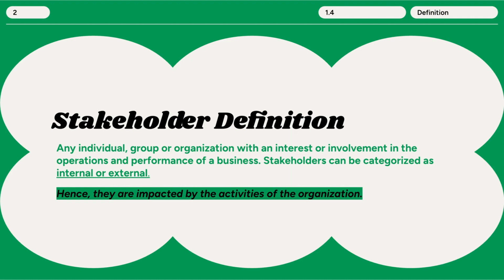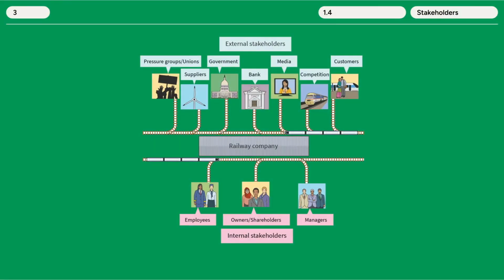Also, we can categorize stakeholders as either internal or external. And as stakeholders are groups or individuals that affect or are affected by an organization, we expect them to be impacted by the activities of the business itself. So here in the slide, there's a little diagram of the different groups of stakeholders of this railway company in the middle.